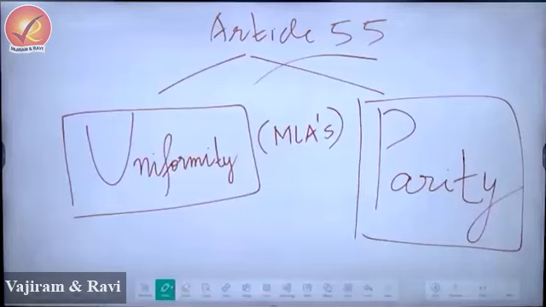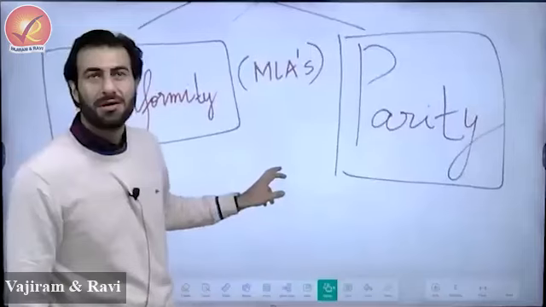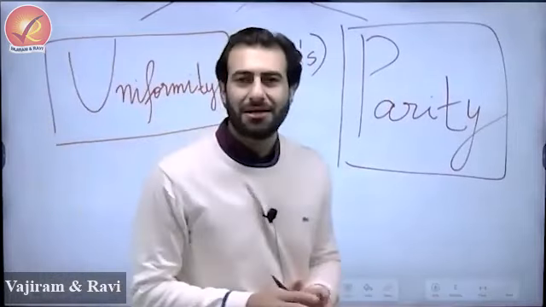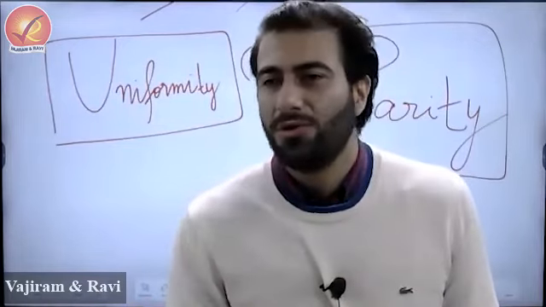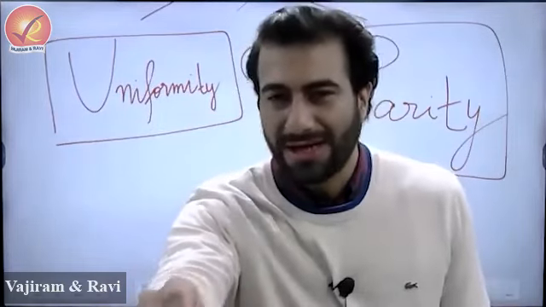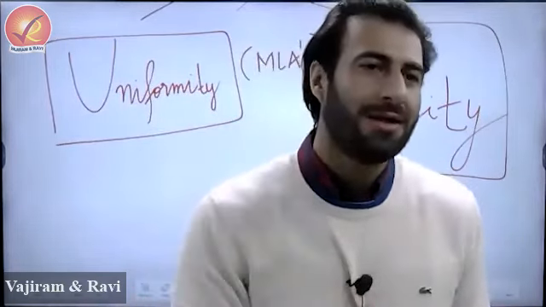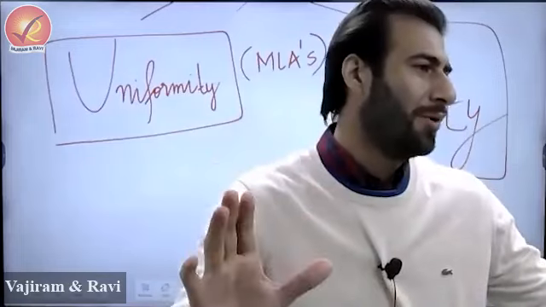Now, by simple logical application of mind, without even going into these formulas, which we'll just write in the constitution, how will you ensure uniformity in representation between your state's MLA and my state's MLA mathematically by giving me a simple formula?